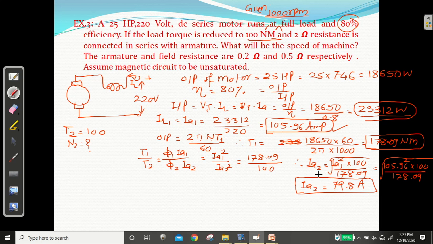79.8. Now, if you know IA2, you can get the EB1 and EB2. EB1 equal to what? EB1 equal to VT minus IA1 into RA plus RSC. VT is how much? 220 minus IA1 is 105.96 into RA plus RSC, that is 0.2 plus 0.5.